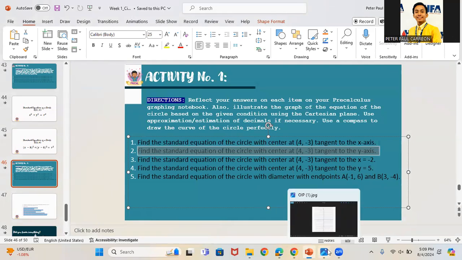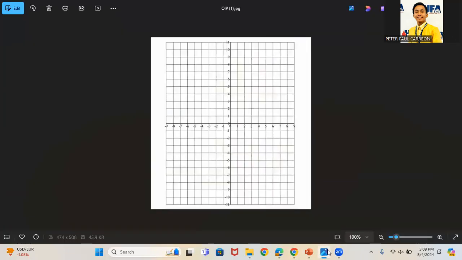So this time, we're going to graph it using the same point, and that is at (4, -3). But this time, it should be tangent to the y-axis. As you could see, this is our y-axis here, and this is the x-axis.